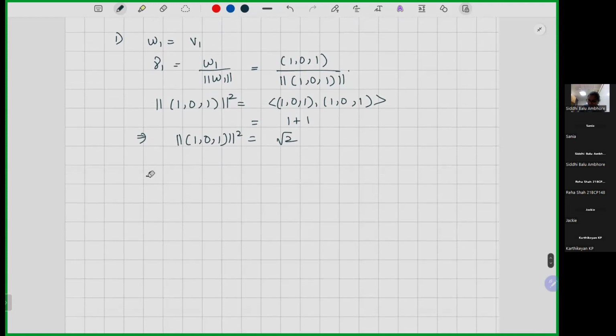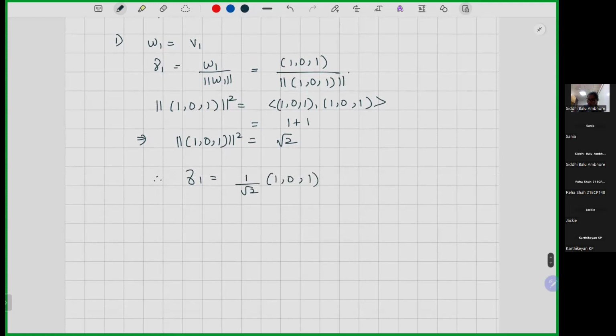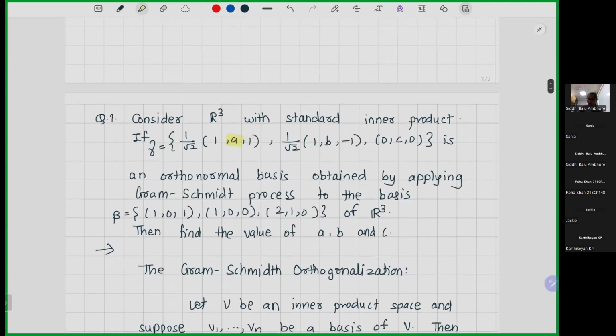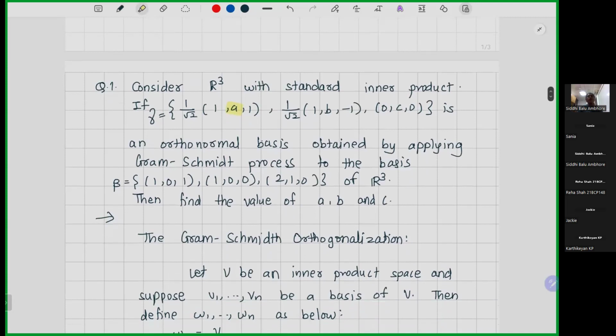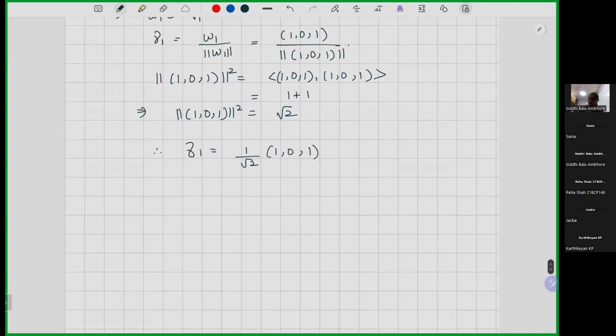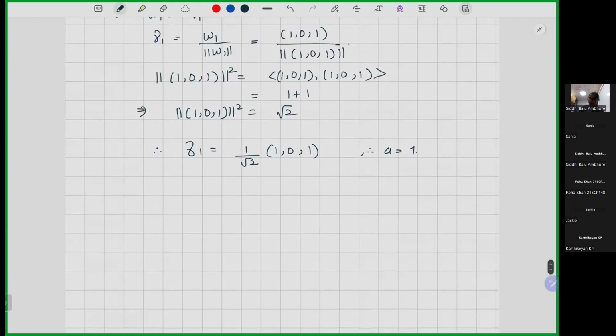Therefore gamma 1 is (1/√2)(1, 0, 1). A is the middle coordinate of the first element, which is 0 here. Therefore A is 0.